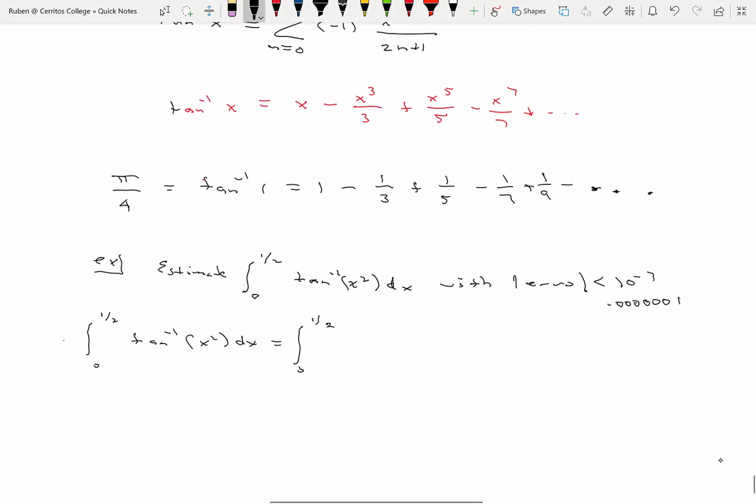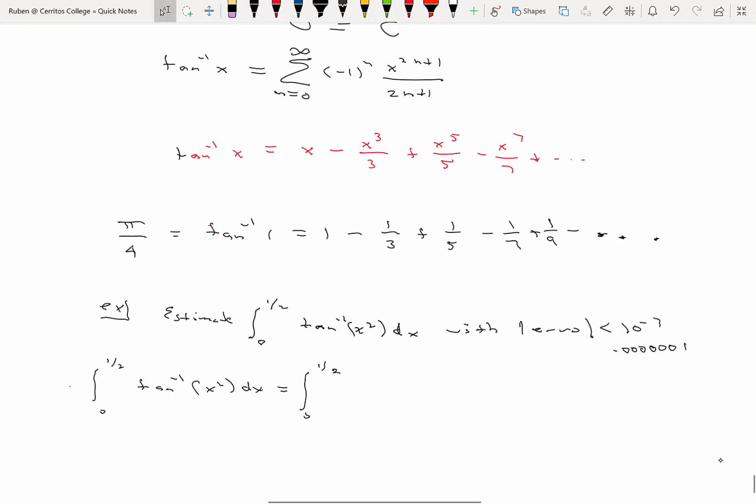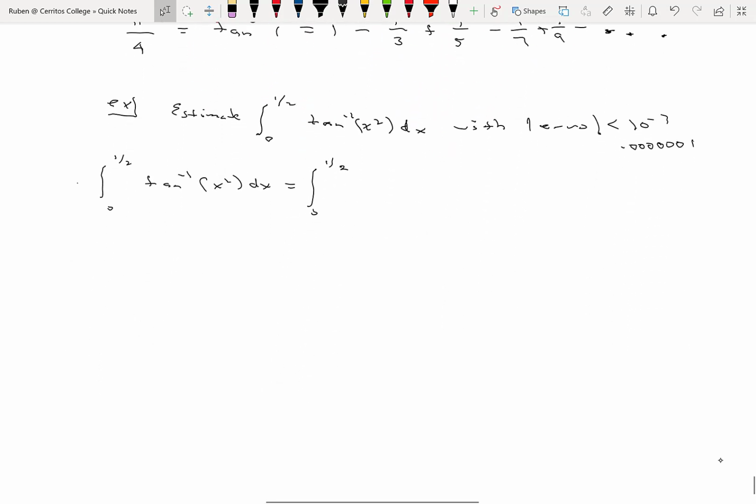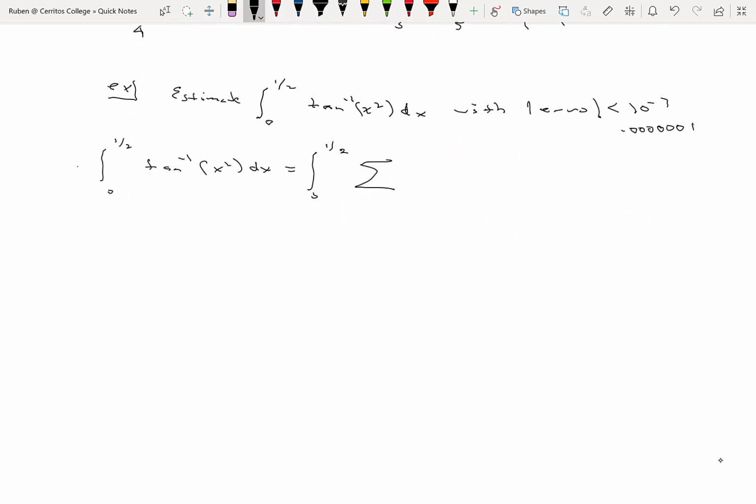The inverse tangent of x power series is the sum from 0 to infinity of negative 1 to the n, x to the 2n plus 1 over 2n plus 1. But we're not finding the inverse tangent of x, we're finding the inverse tangent of x squared. So I'm going to substitute x squared into that power series, and we integrate that result with respect to x.